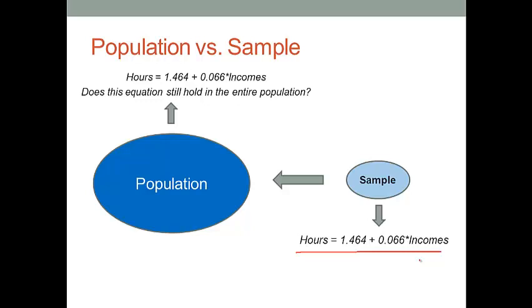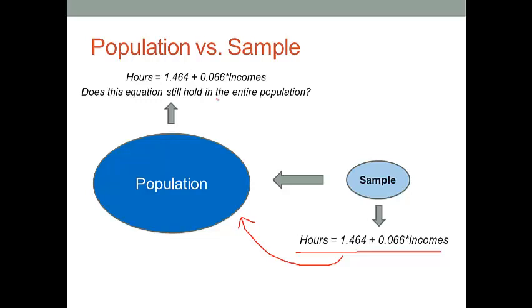But the question is, does this equation still hold in the entire population? How can you convince the data user? You build a model from 100 samples, and you can infer the model into the population. This is a very good question, right?